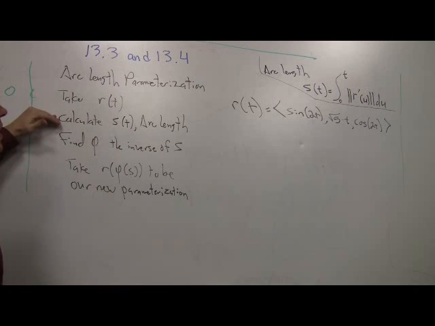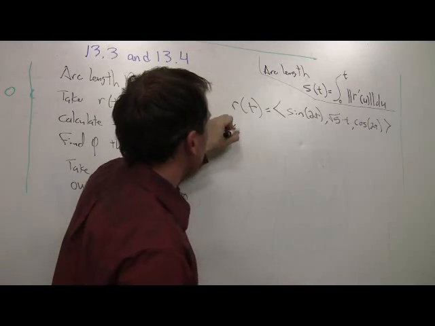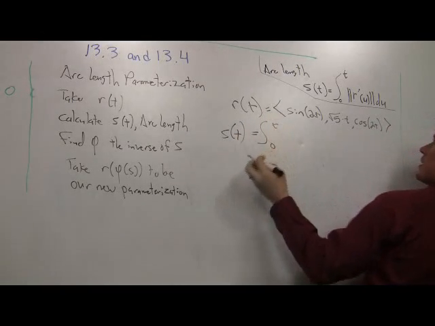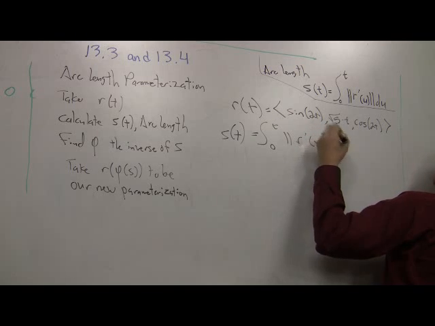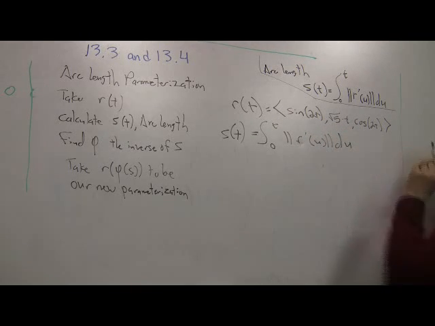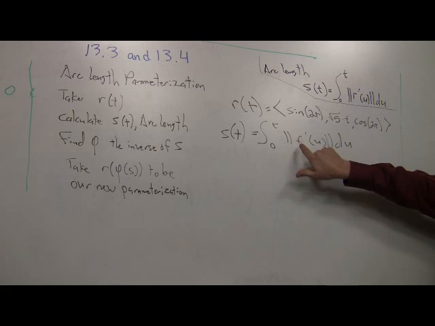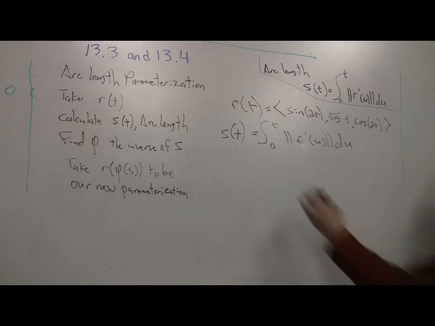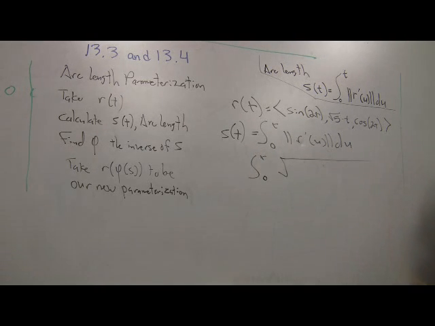We're now going to calculate what the arc length of this would be. So we have that s of t will be equal to the integral from 0 to t of the magnitude of the velocity vector, du.